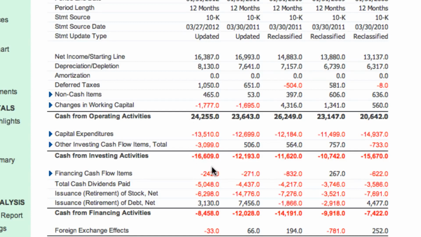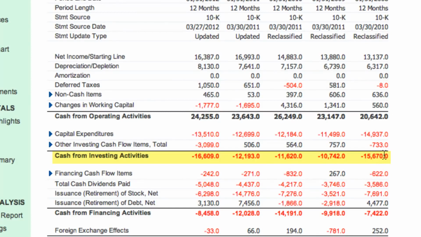Now, as we look down to the next bold line, which is cash from investing activities, this is where we want to see the negative numbers, because this is where Walmart is taking that money and investing it in more supplies, in more stores, maybe in other businesses. That's what this number represents. When we look at the 2008 number where they generated $20.6 billion, we go down to the investing activities, and we can see that Walmart invested $15.6 billion of that $20.6 billion.